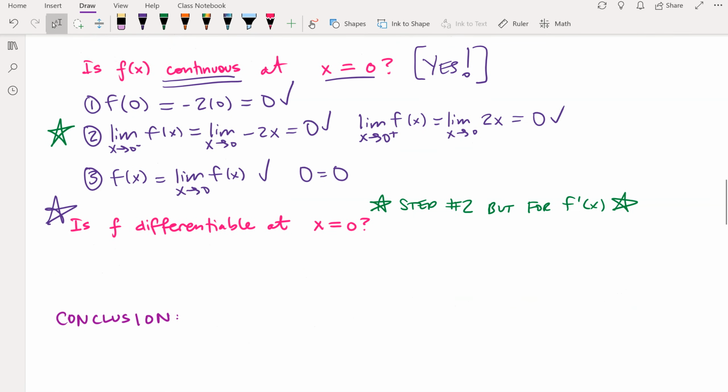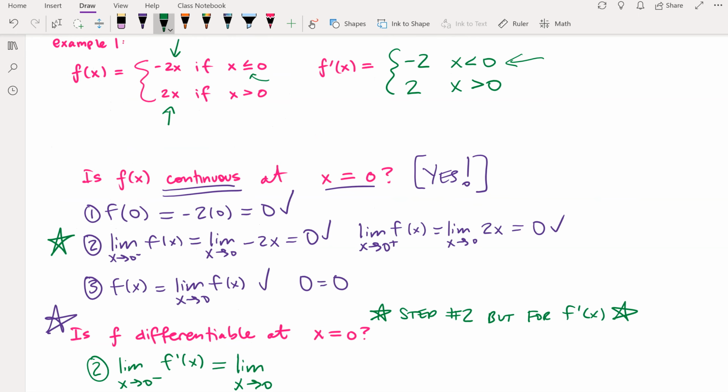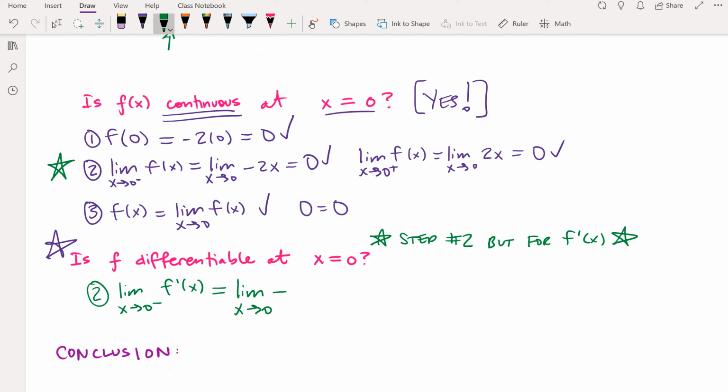Step number 2 is the limit as x approaches 0 from the left of f prime of x. So what is the limit from the left? This is our left function, so it equals -2.